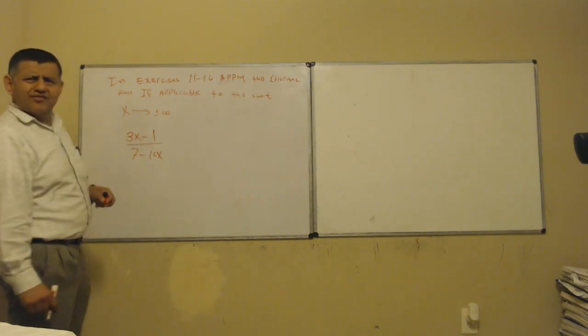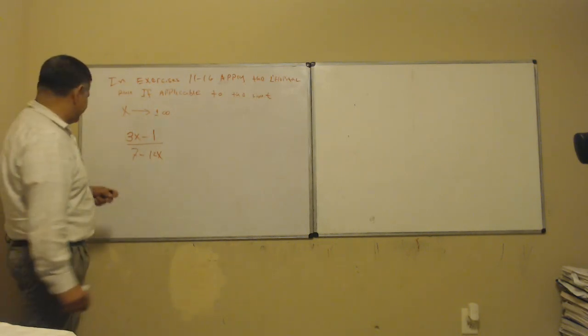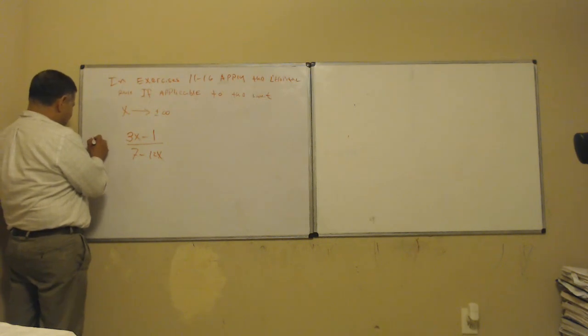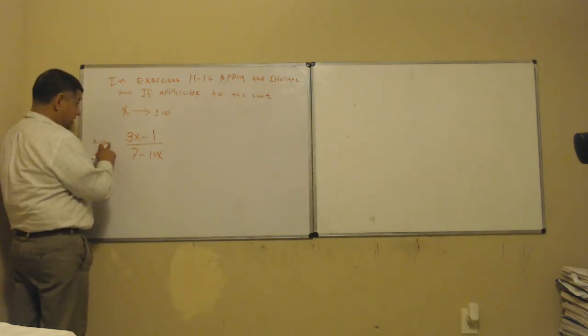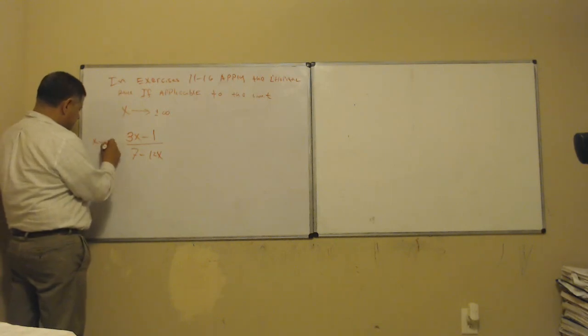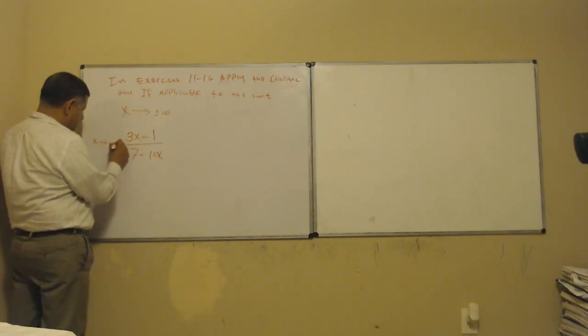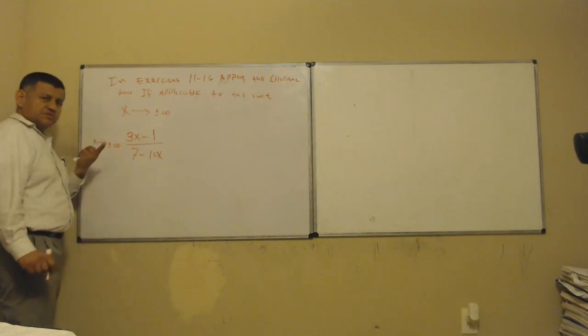Look how simple this stuff is, right? Very simple. So x goes to plus or minus infinity, infinity large or infinity small.